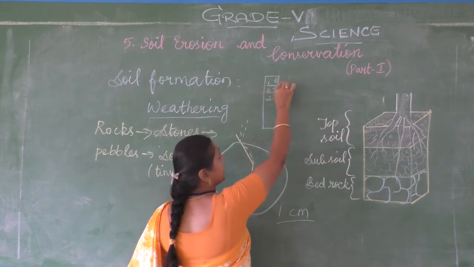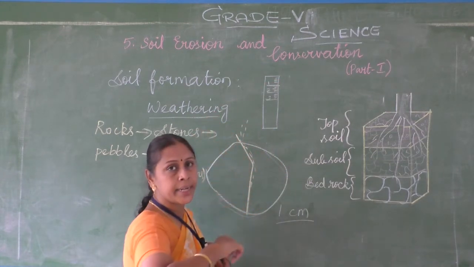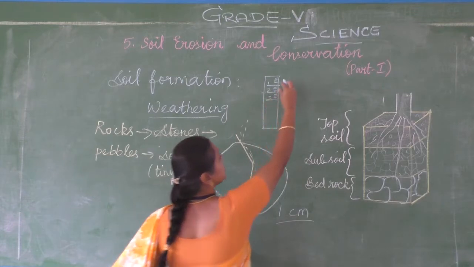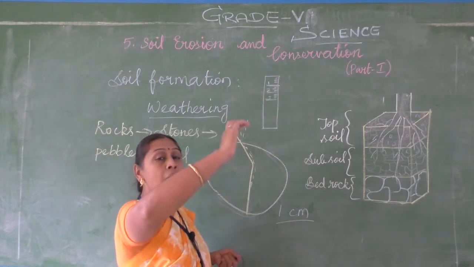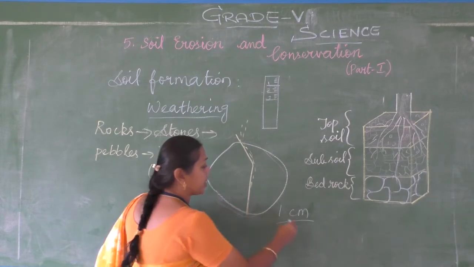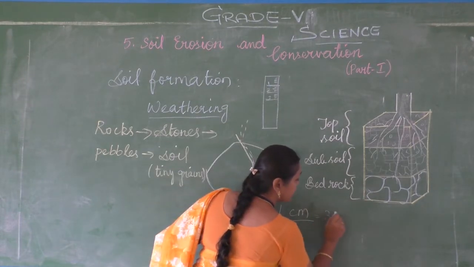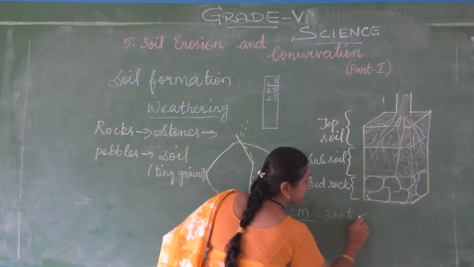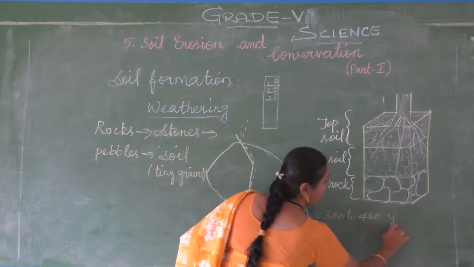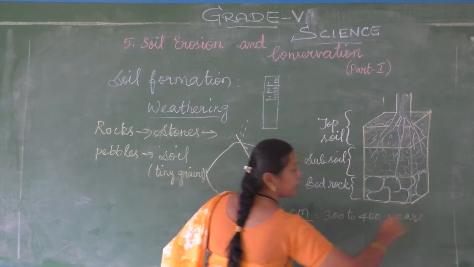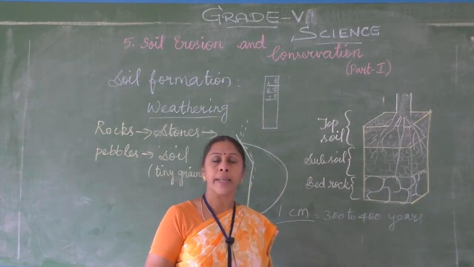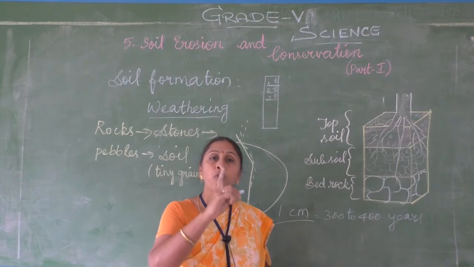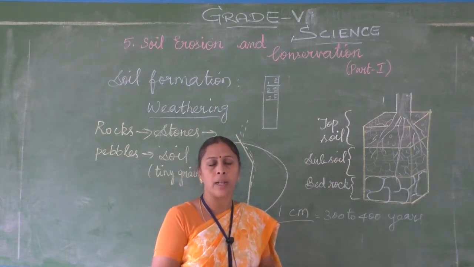Up to that 1, that is the 1 centimeter. So formation of 1 centimeter height of soil will take 300 to 400 years. How long will it take, you see? It will take 300 to 400 years for the formation of 1 centimeter of soil.